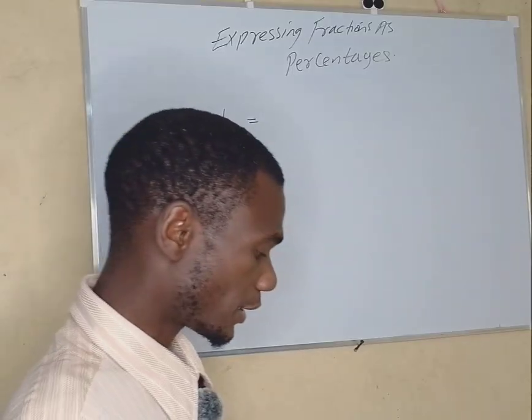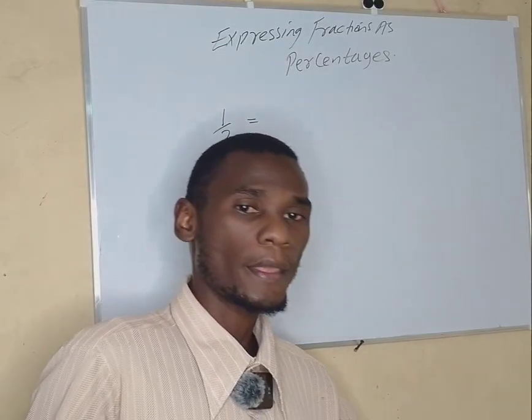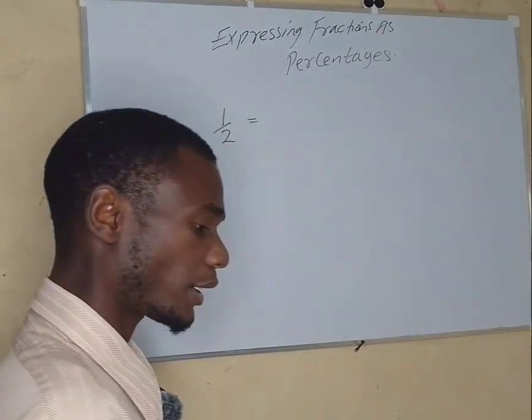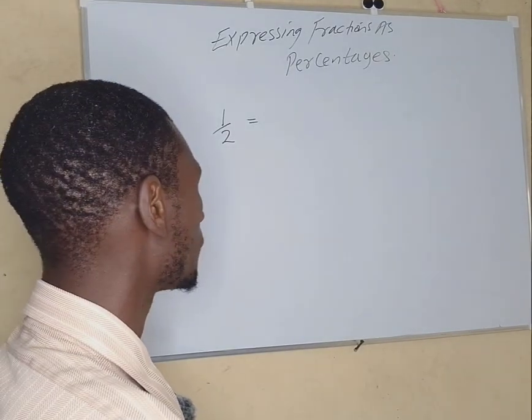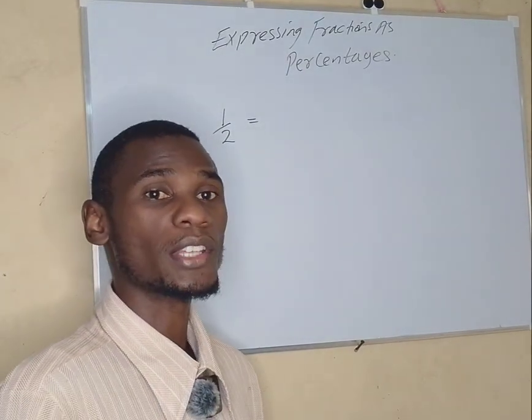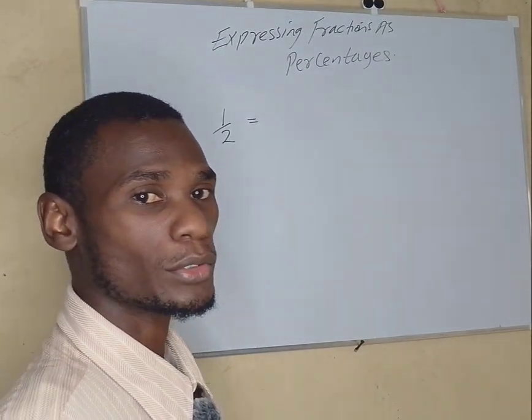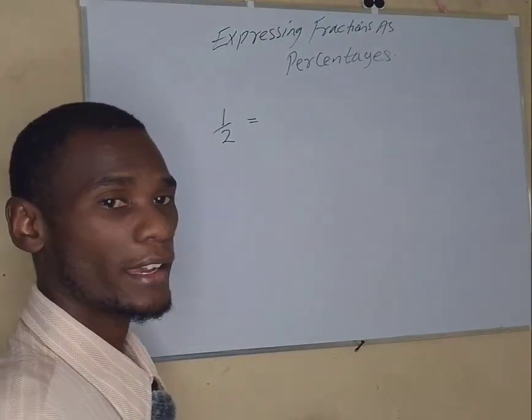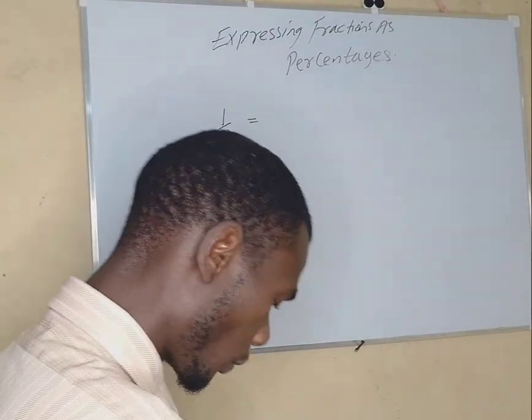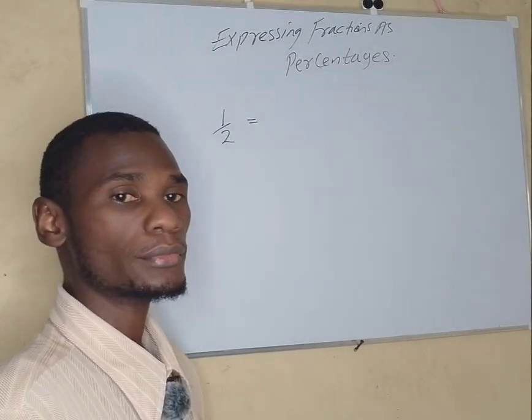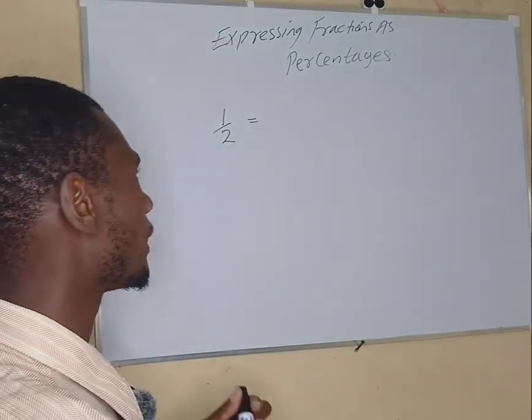So in grade 6, the only method that we are recommended to use, which is not the only one, there are some other methods also, but in this grade, what we are expected to do is to look at the denominator.